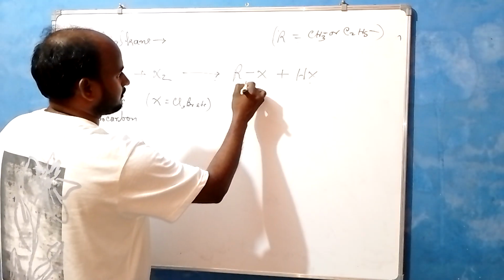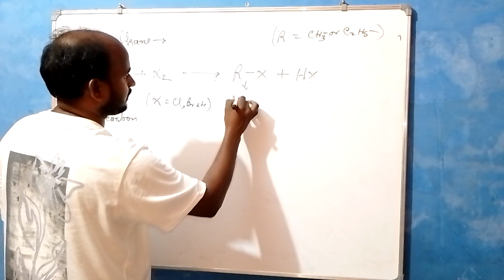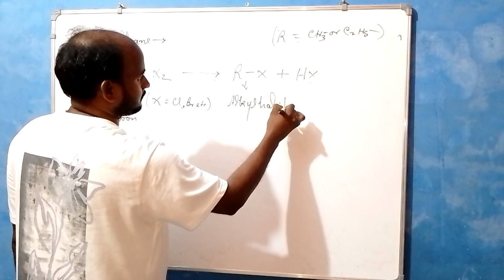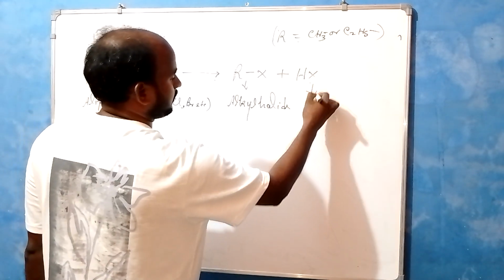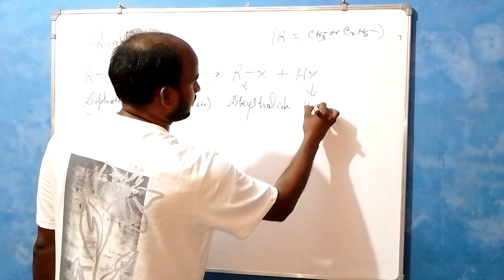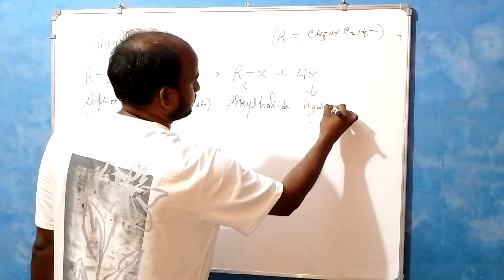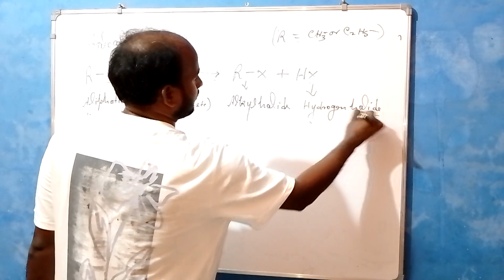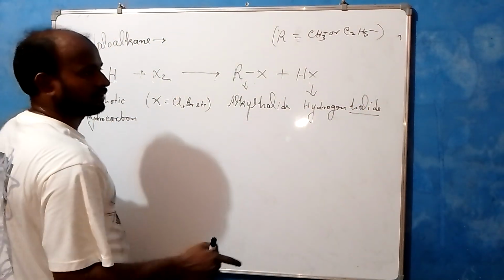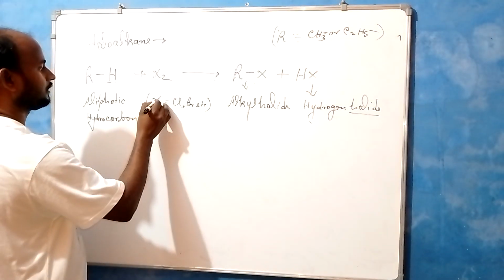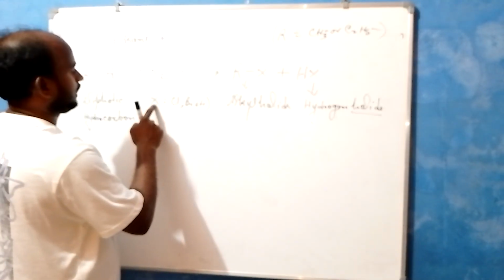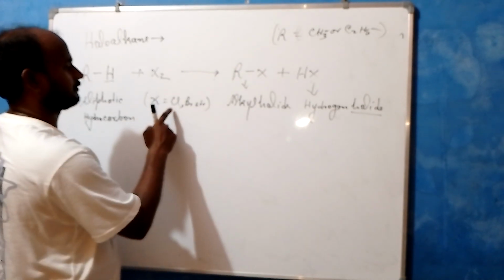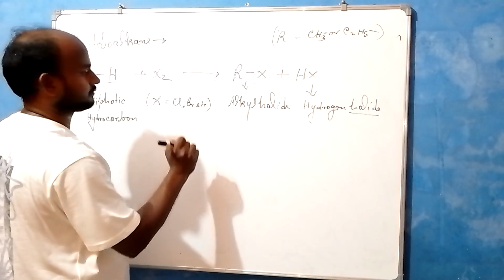The main product is known as alkyl halide and the subproduct is known as hydrogen halide. Halide means capital X represents the halogen group element: fluorine, chlorine, bromine, iodine.